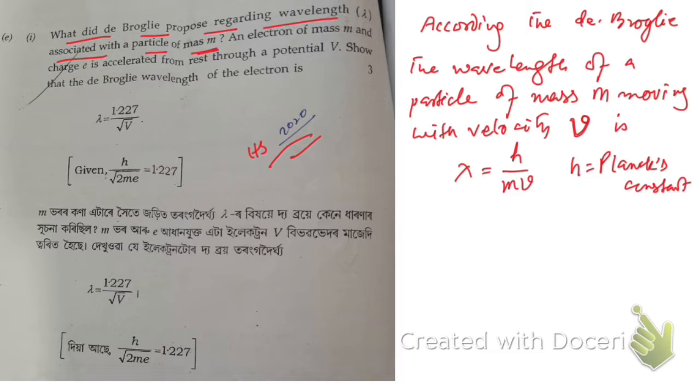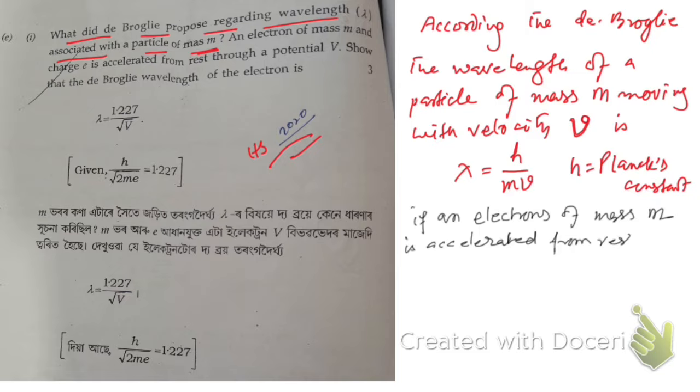Right, so now here you see, if an electron of mass small m is accelerated from rest through a potential V. Let me write here capital V to represent potential.